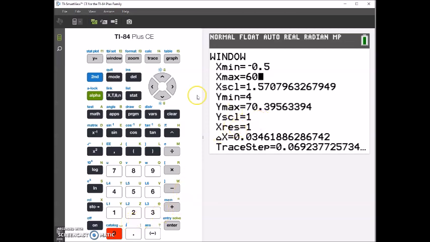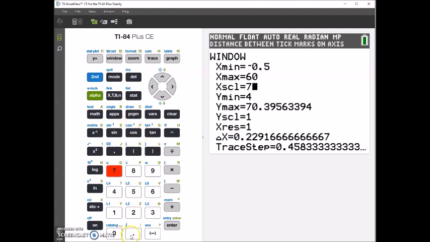The third one down, x scale, is how much the graph is incremented, my little tick marks along the x-axis. In this problem, I'm making 1 revolution every 15 seconds, so I could make this every 7.5 if I wanted to.